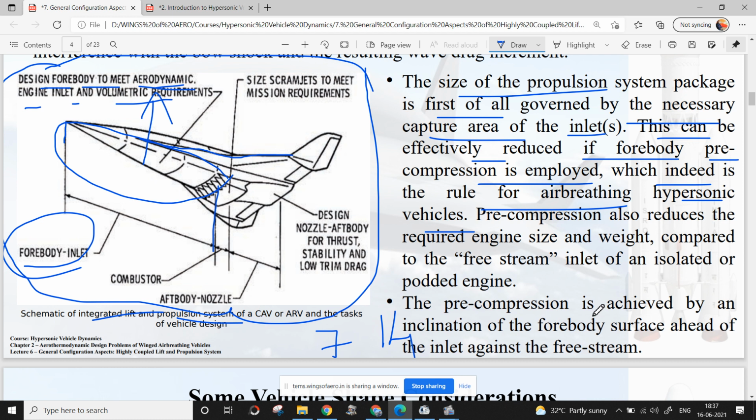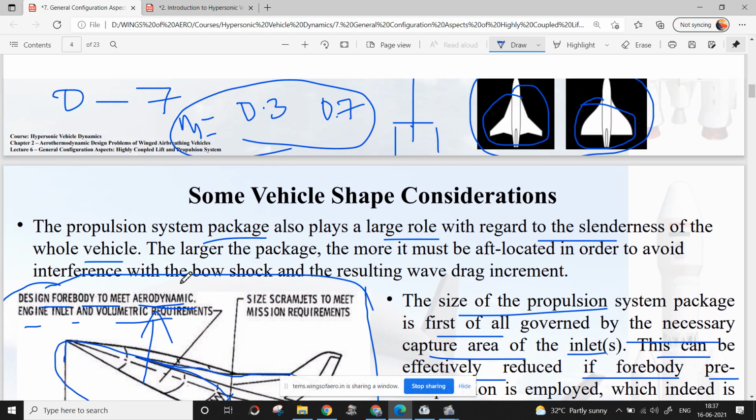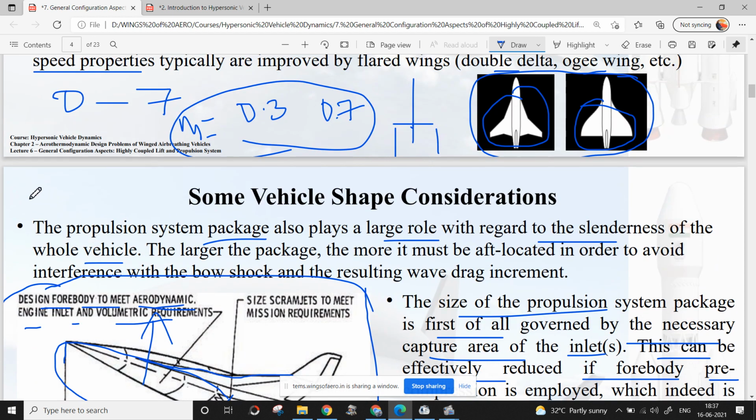So this pre-compression is achieved by inclination of the forebody surface ahead of the inlet. Only one thing they have mentioned: how we can achieve the pre-compression, by shaping the lower body. Just consider a side view of the vehicle. If I have a flat side view, what will happen when the air hits?